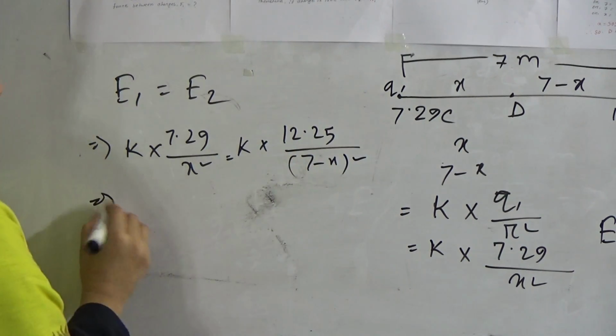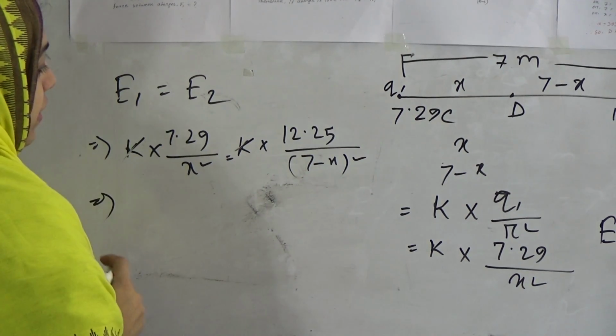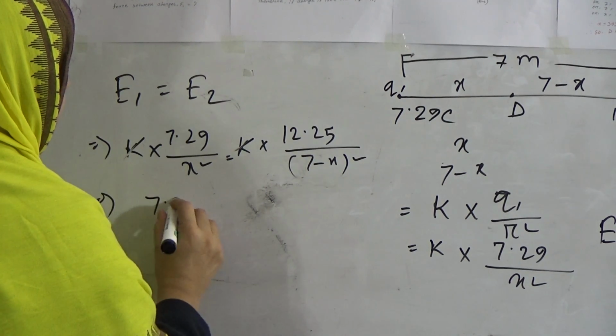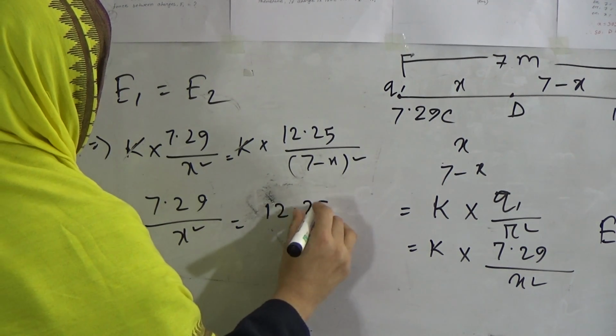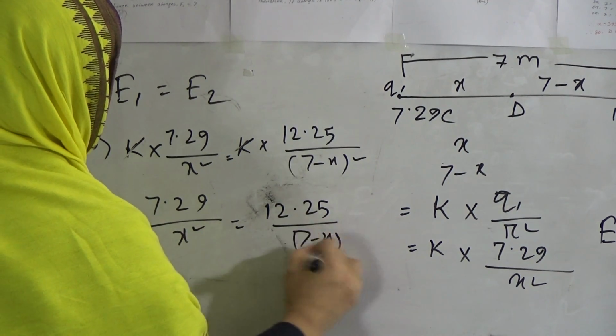Okay, now do the calculation. Here K vanishes, so 7.29 divided by x square equals 12.25 divided by 7 minus x whole square.